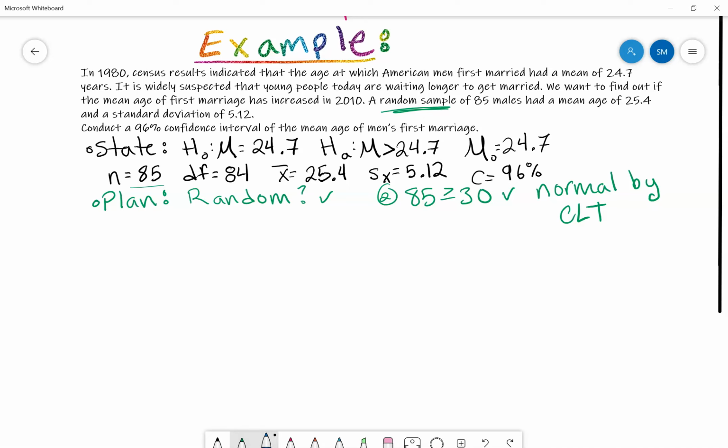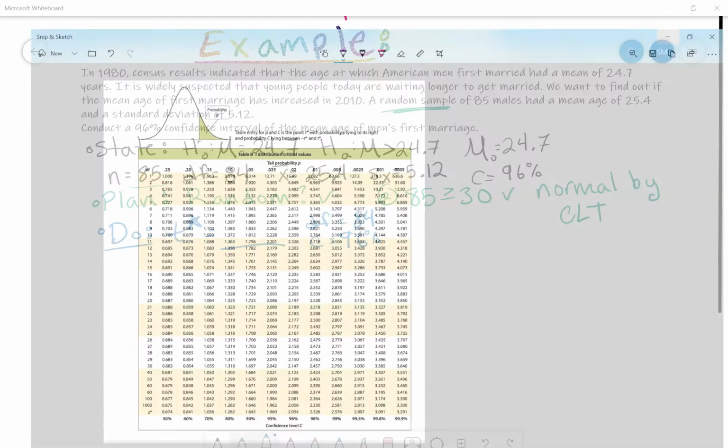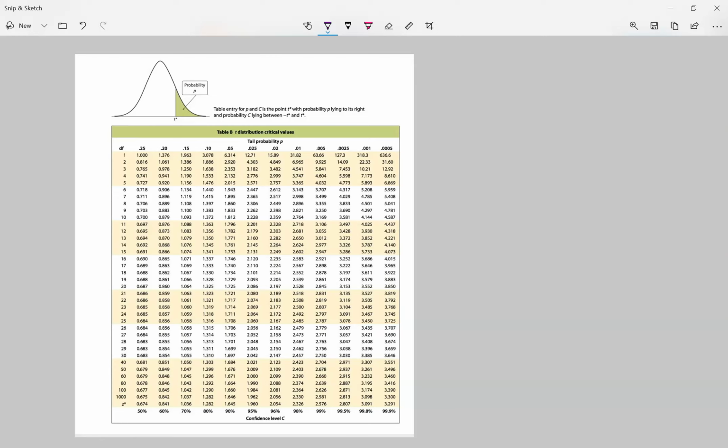Okay, next step, do. The first thing we need to do is figure out what T star is. We know that our degrees of freedom is 84 and our confidence level is 96%. So we're going to pull up table B. With table B, the degrees of freedom again was 84 and the confidence level was 96.